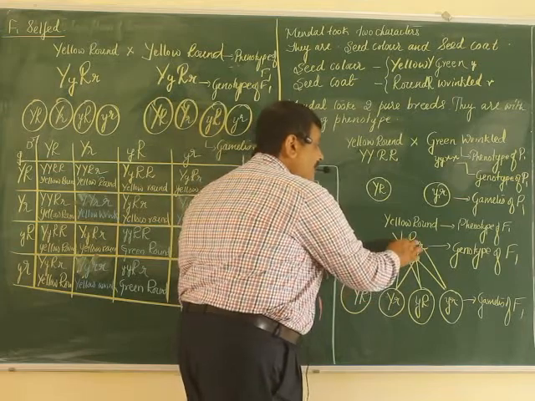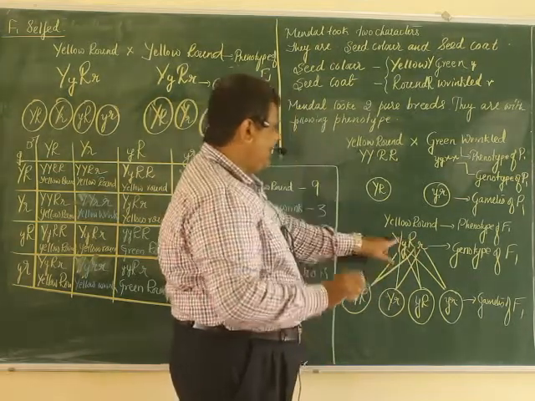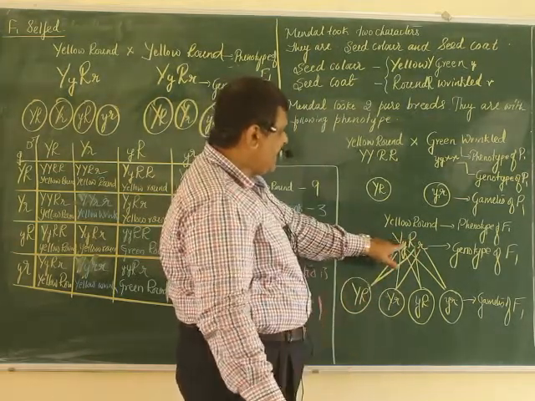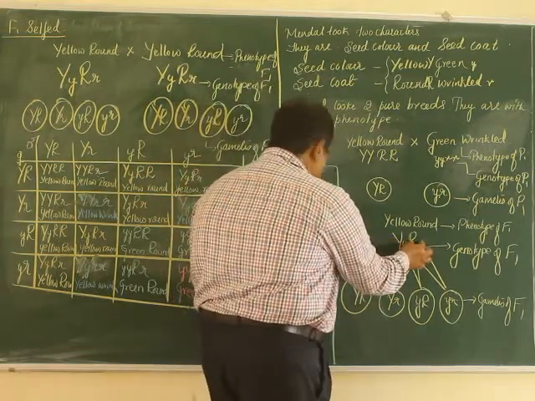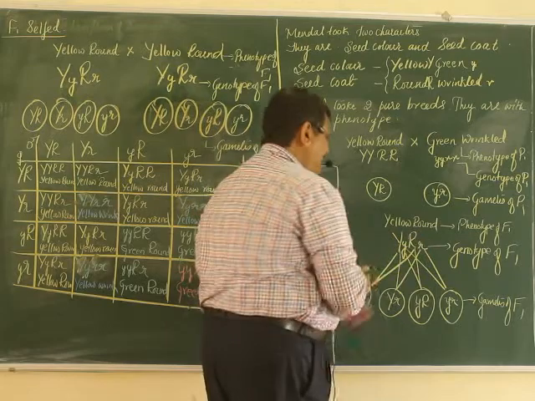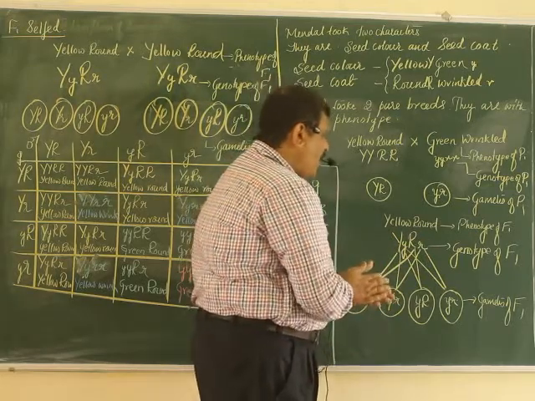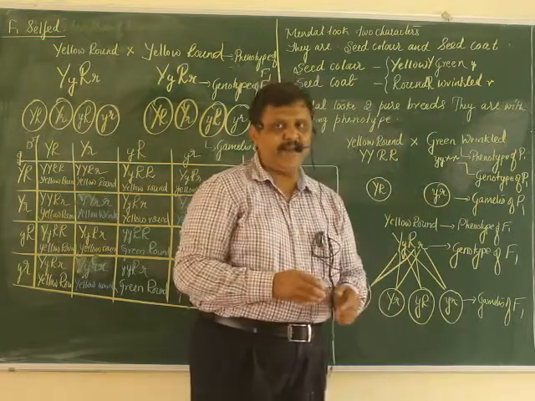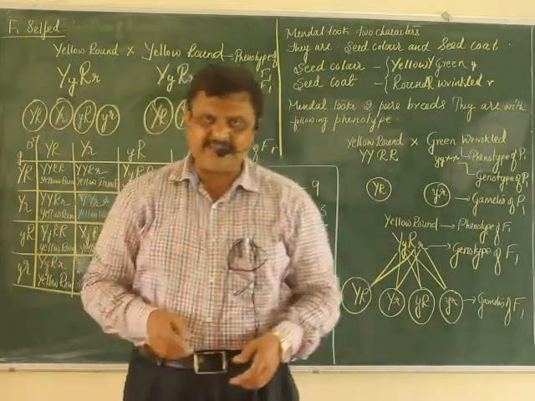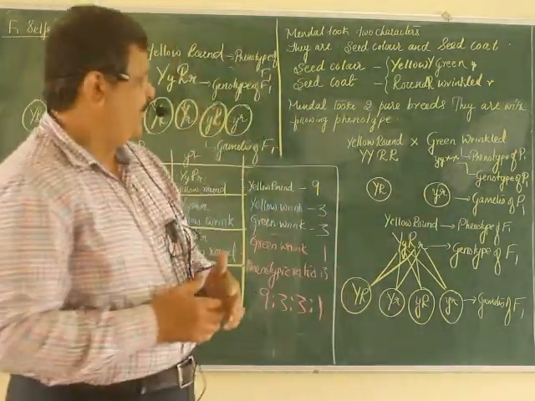Yellow and green, here there are contrasting factors, one set. And here there is another set of contrasting factors. So I brought these 2 sets of contrasting factors together.